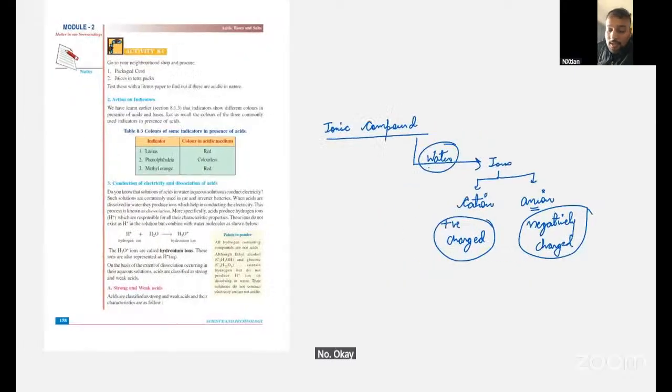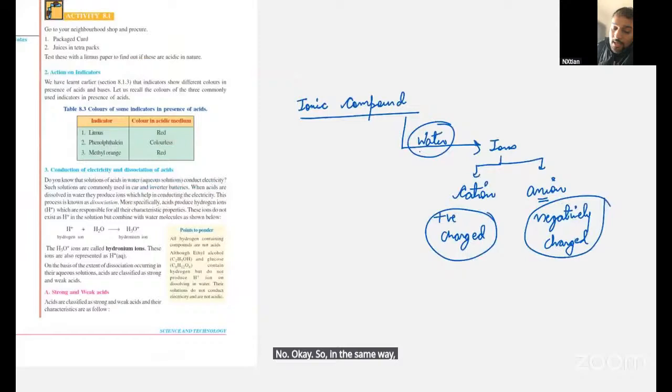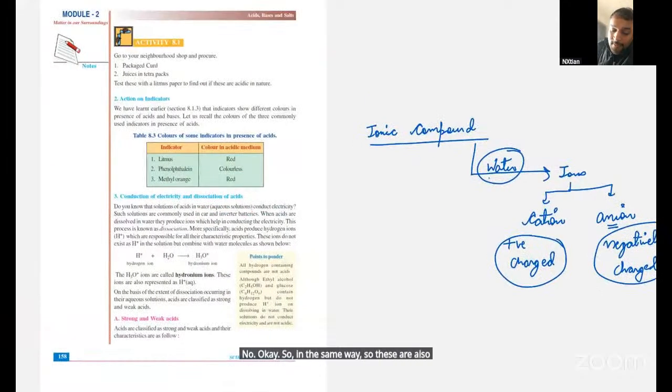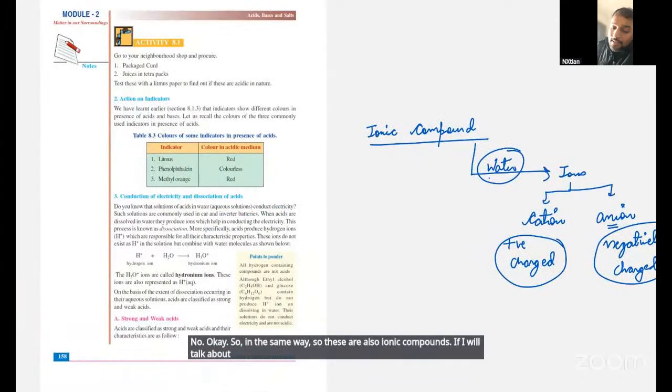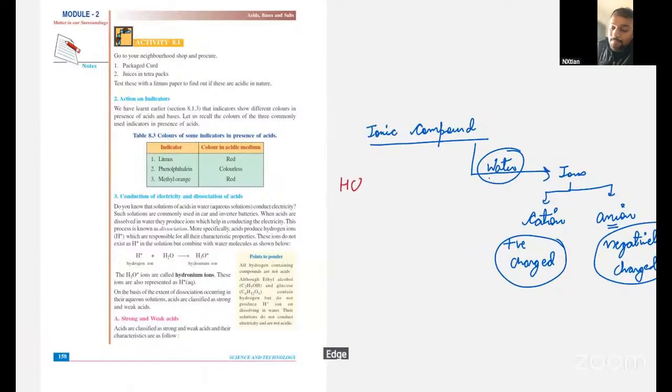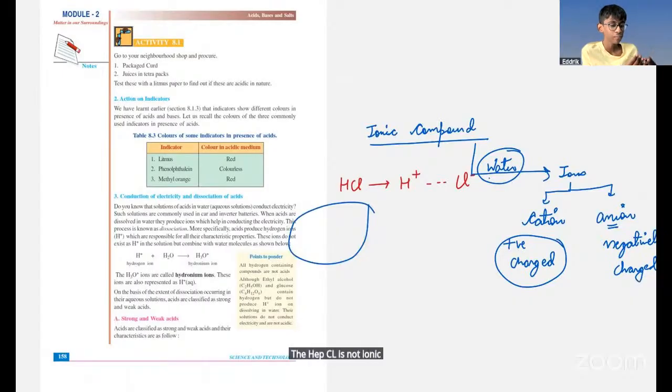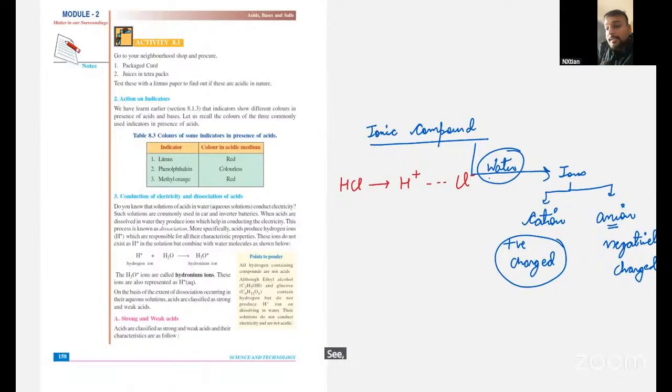So in the same way, these are also ionic compounds. If I talk about HCl, it is basically H plus and Cl minus. HCl is considered ionic or covalent also.